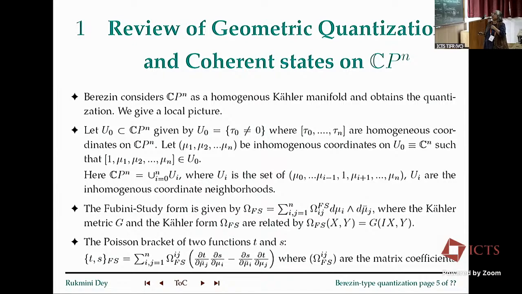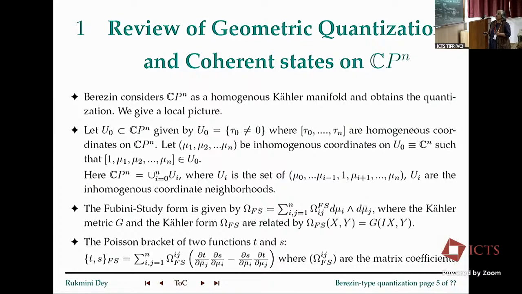So let mu1 to mu_n be homogeneous coordinates on U0, which is biholomorphic to Cn, where U0 in homogeneous coordinates is tau 0 not equal to 0. It's the equivalence class of tau 0 to tau n.